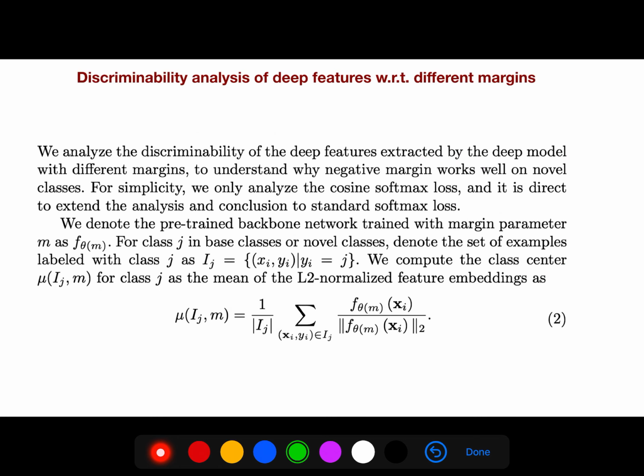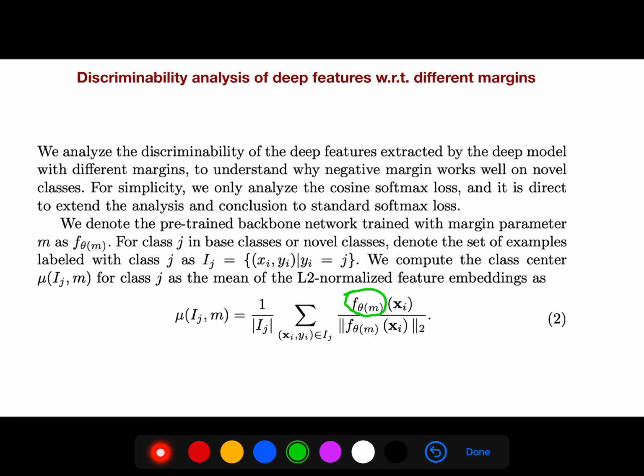So we analyze the discriminability of deep features from the deep model with different margins to understand why negative margins work well on novel classes. We denote the pre-trained backbone network trained with margin parameter m as f theta.